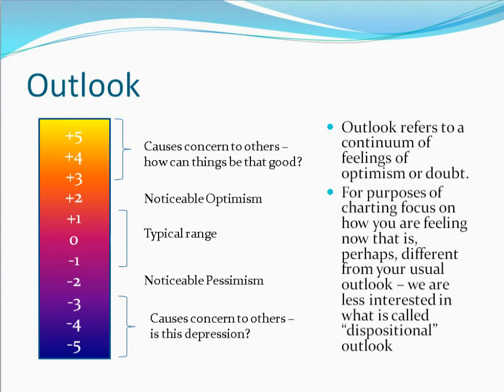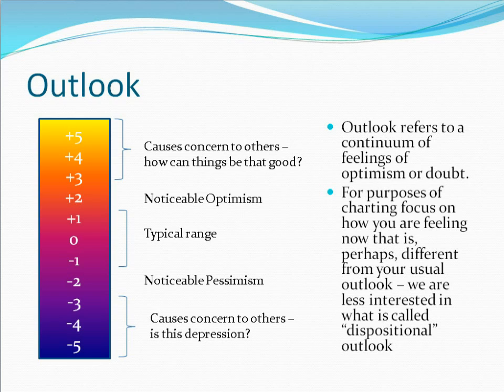When we look at outlook, this is a dimension that refers to a continuum of feelings from incredible, extreme, unrealistic optimism to incredible, extreme, unrealistic pessimism or doubt. And this is one of 2 dimensions that is rated on a +5 to -5 scale.